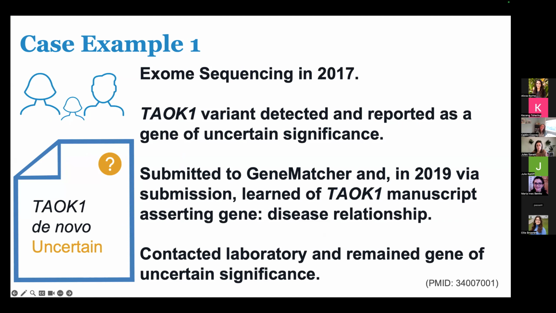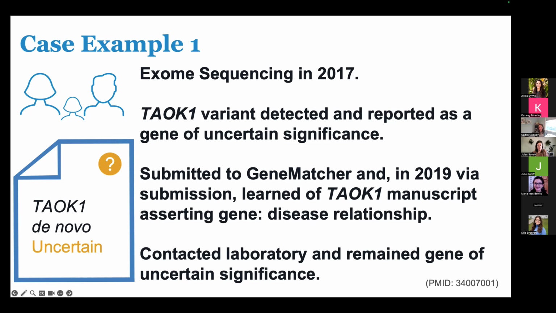We submitted this to GeneMatcher in 2019, and because of connecting with other people who have been studying this gene, its disease relationship, and trying to connect other participants and patients that have similar features with variants, we learned that there was a manuscript being published that asserted a gene-disease relationship with TAOK1.